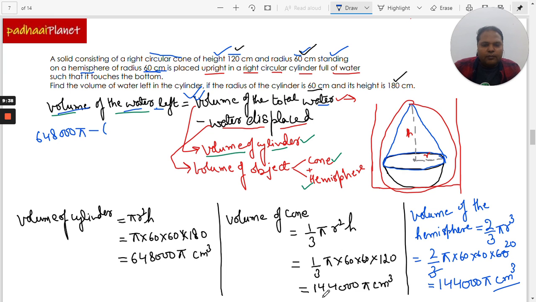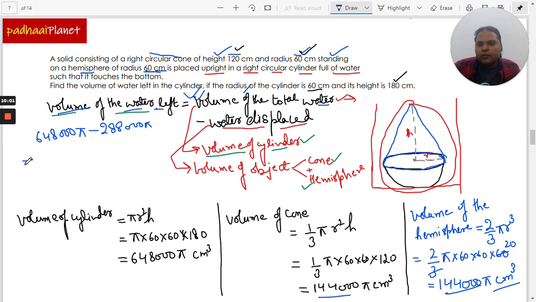The total volume of the object is 2,88,000 pi.